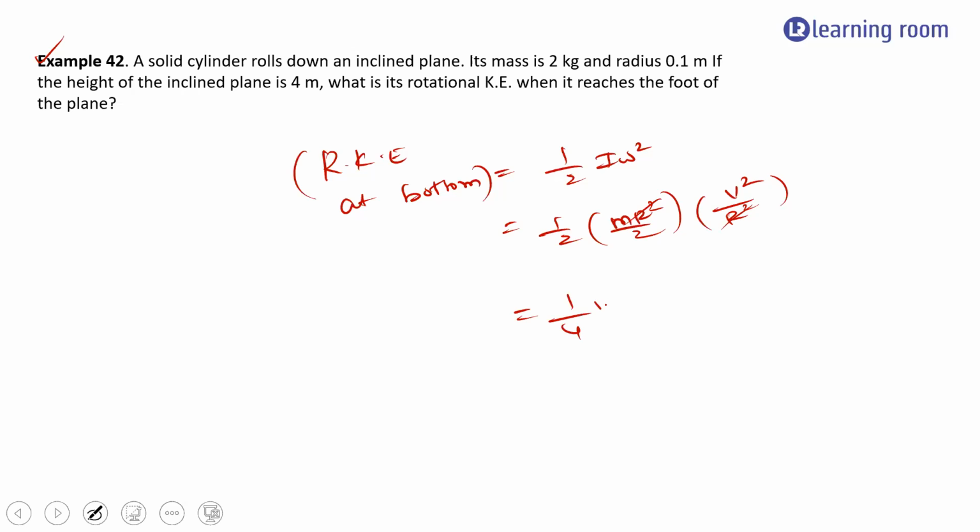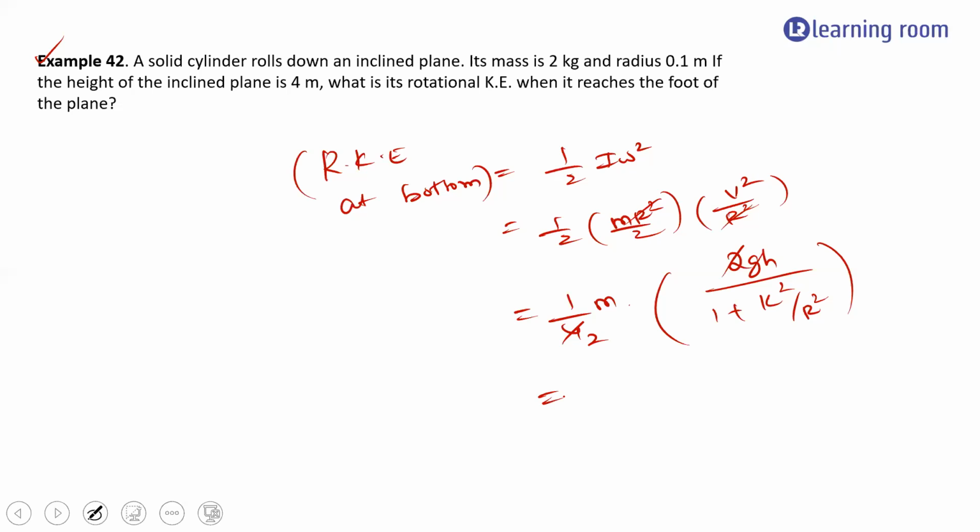So 1 by 4 m into what is the value of v? 2gh by 1 plus k square divided by r square. Am I right? But I didn't put the square root here because we have v square. So this will cancel by this.